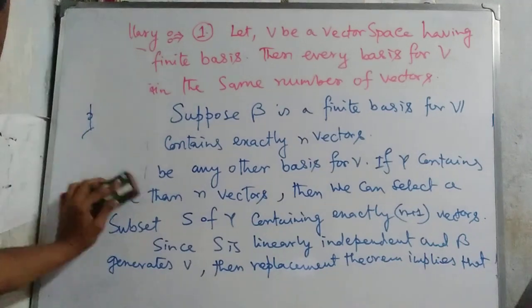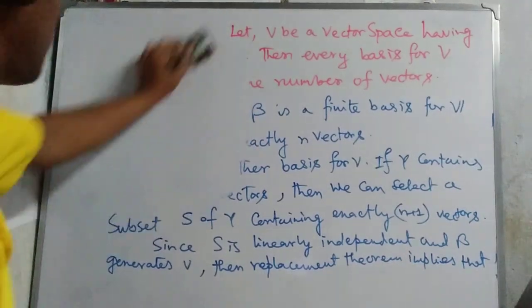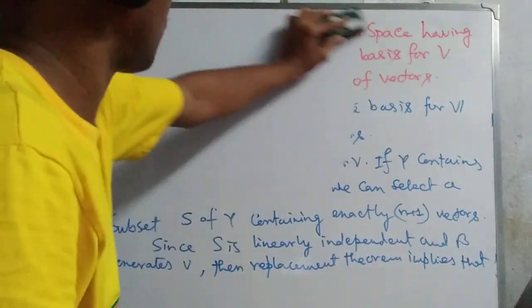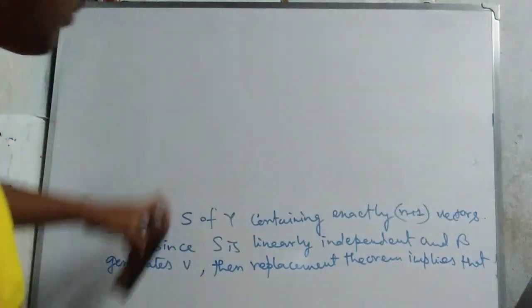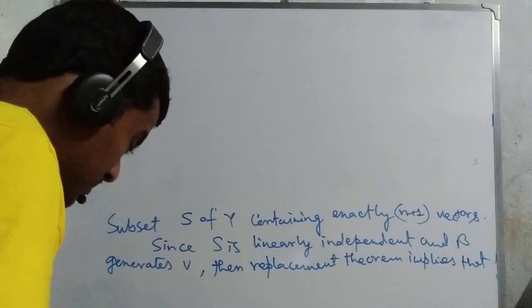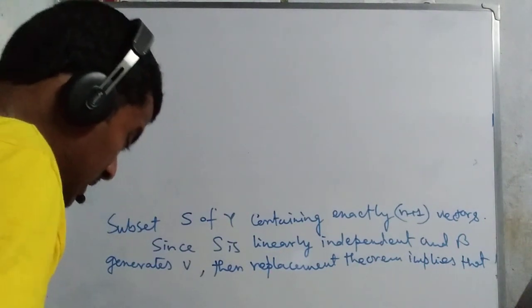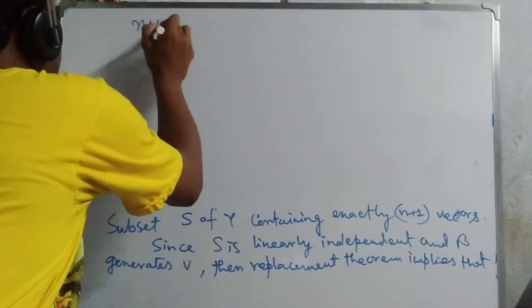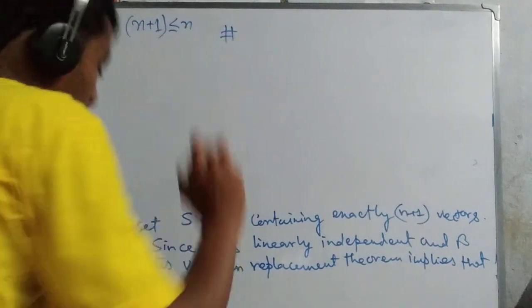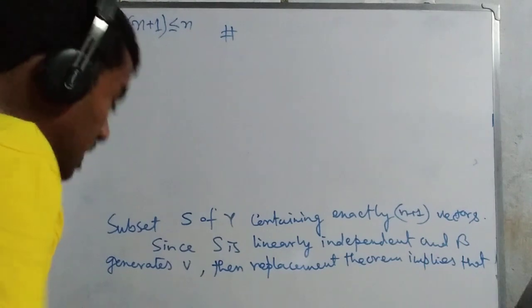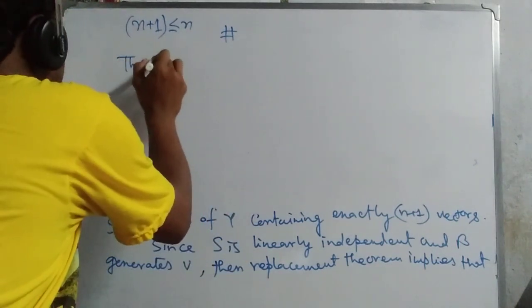We erase our portion and go to further discussion of that. Implies that n plus 1 is less than or equal to n, one contradiction.